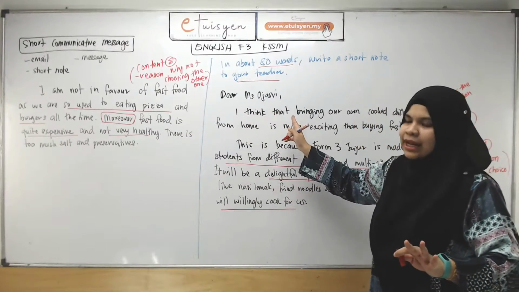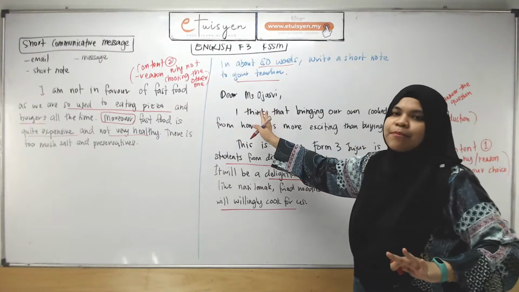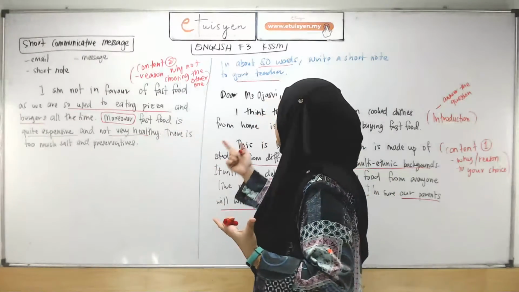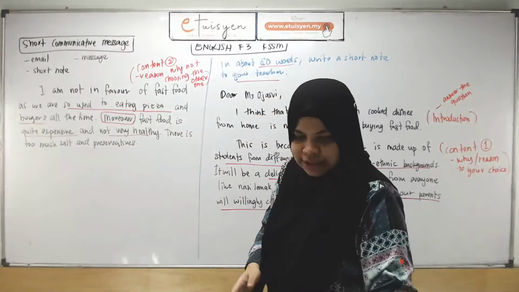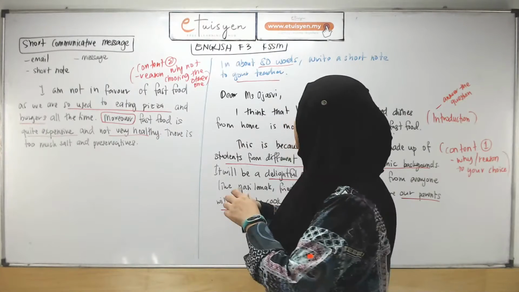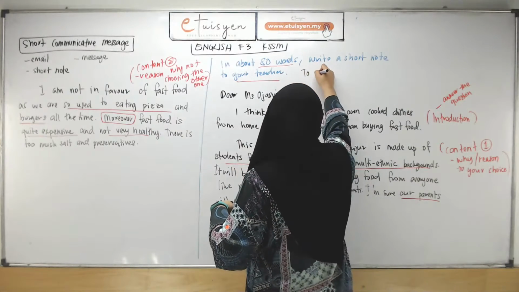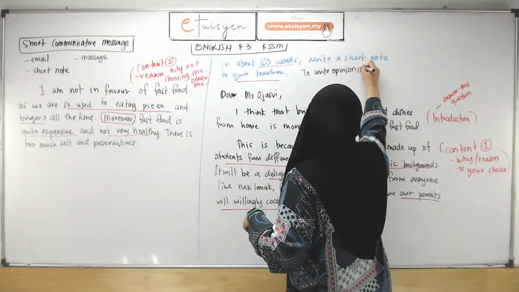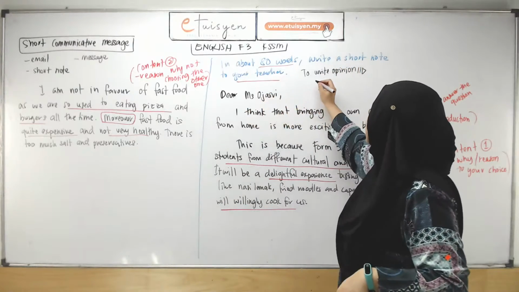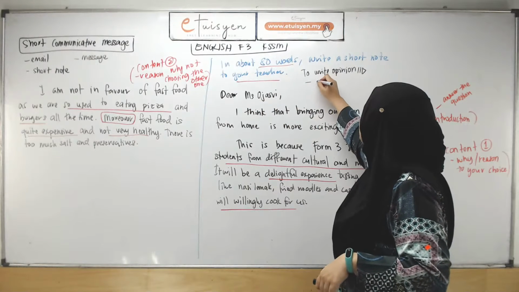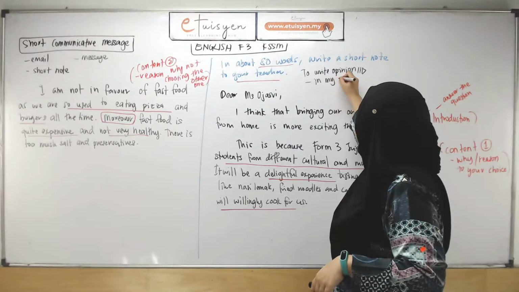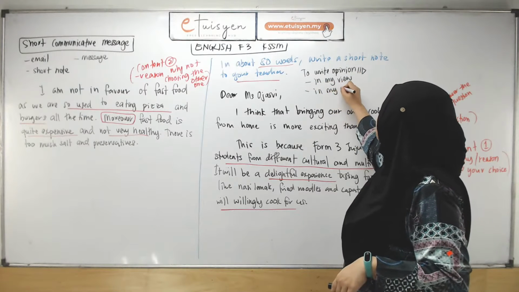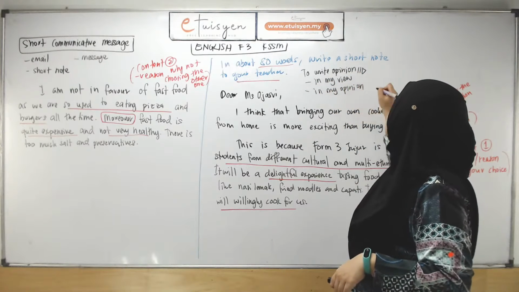Now, if you notice as well, okay, this I think that, is a simple way to say your opinion. So this is one way. Another way that you can write it, okay, to write opinion, what you can write is I think that, or you can also say in my view, in my opinion, okay.